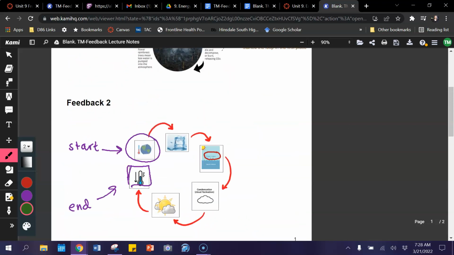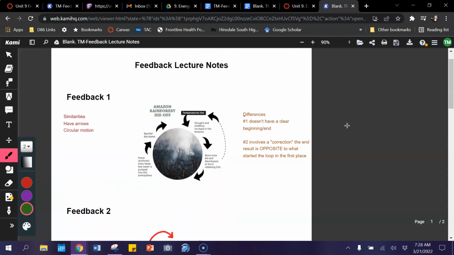Well, let's come on back up and take a look here. We have our temperatures rising, causing drought, more trees die. Fewer rainforest trees means that less water is pumped into the atmosphere, so there's a decrease in rainfall, and that is going to cause more drought. And then more trees die, and then we have even less water pumped into the atmosphere, and then the temperatures are going to rise even more.